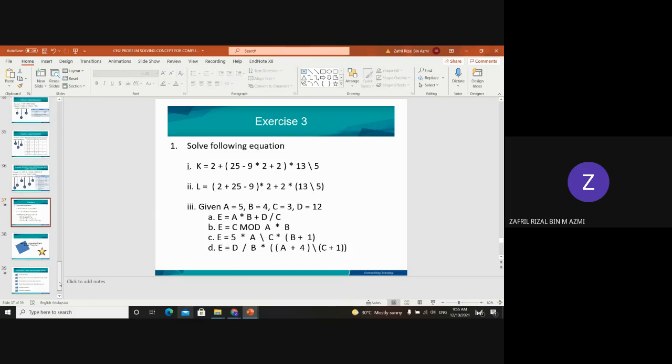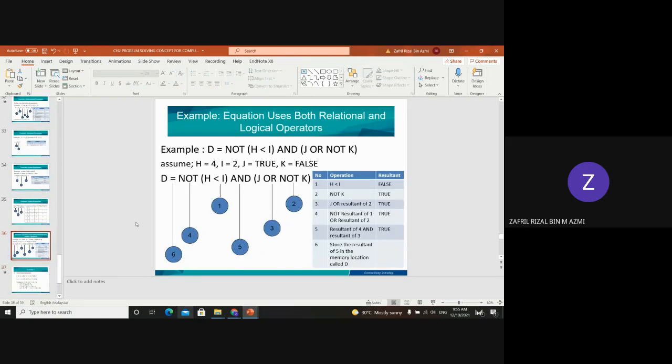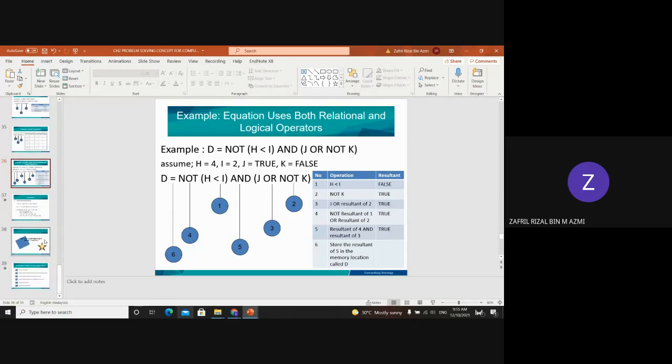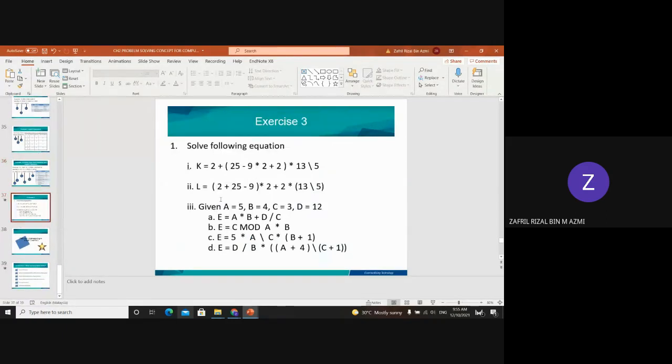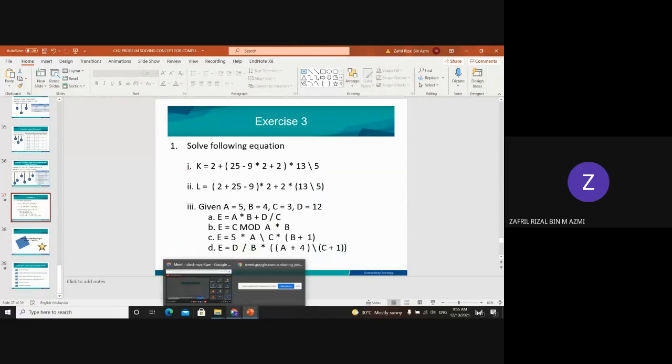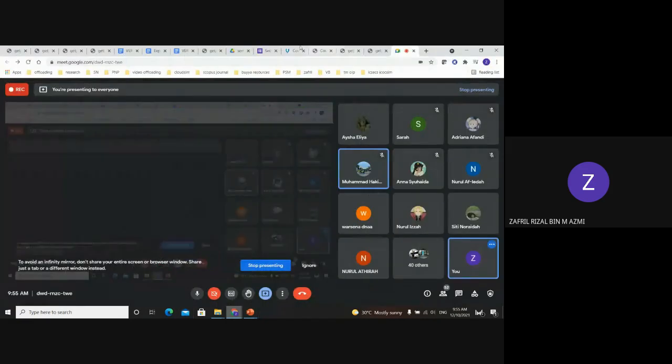Solve it using this process: construct the table, draw the process. You need to draw and you need to provide the table. You may submit the answer using Microsoft Word or anything you can type, and then submit your answer through Kalam.